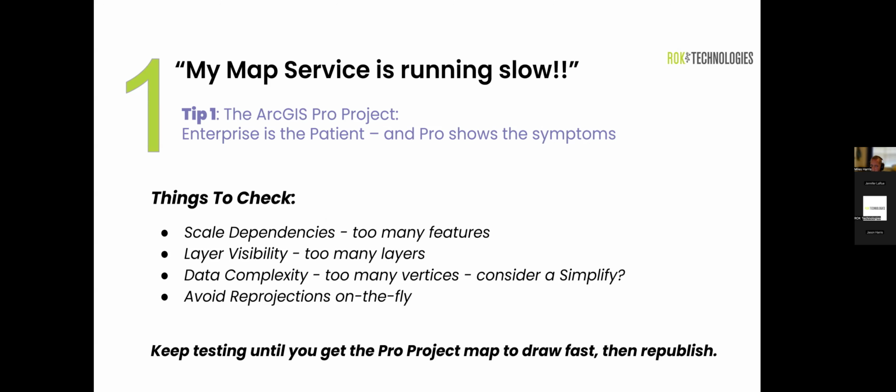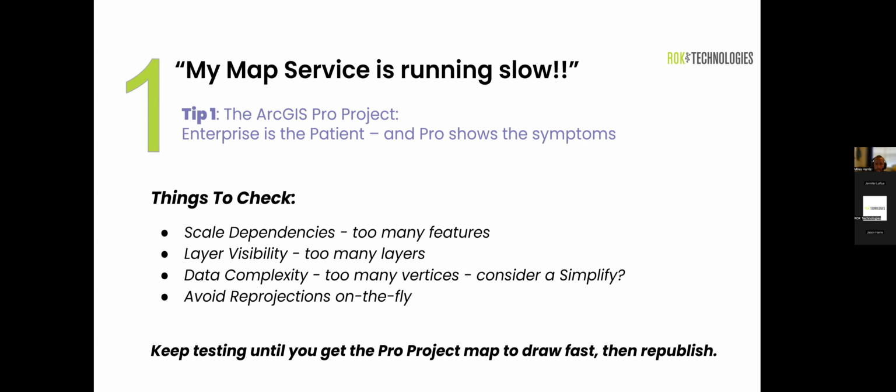So what we would do if someone has told us about a slow map service is to go ahead and open up that Pro project that was used to publish that map service. That's because, generally speaking, ArcGIS Server will render your map at roughly the same speed as the ArcGIS Pro project can, the one that was used to publish that web service.